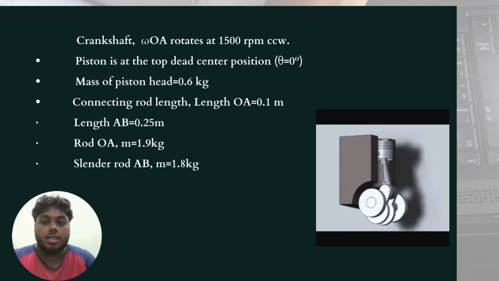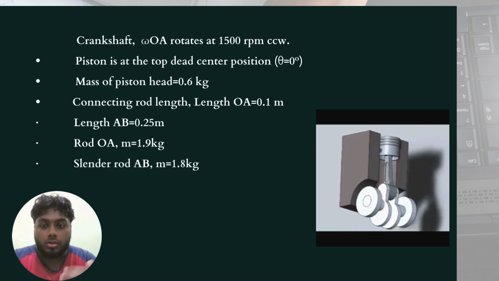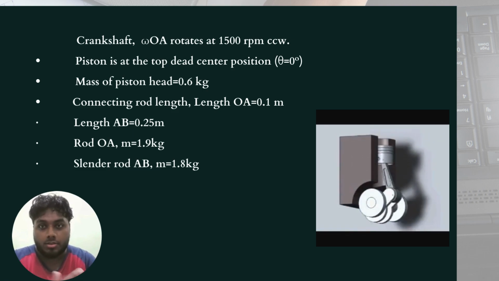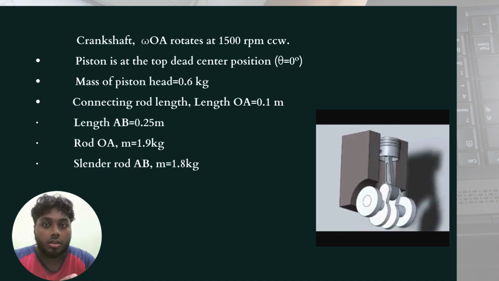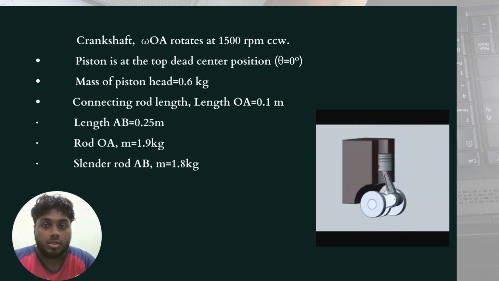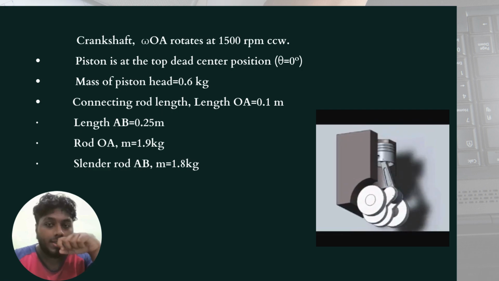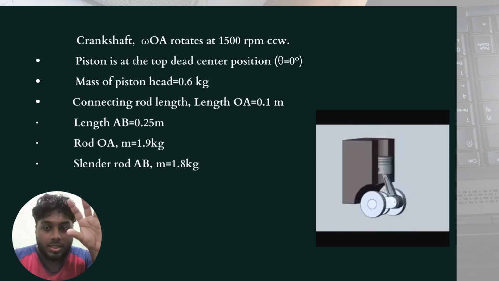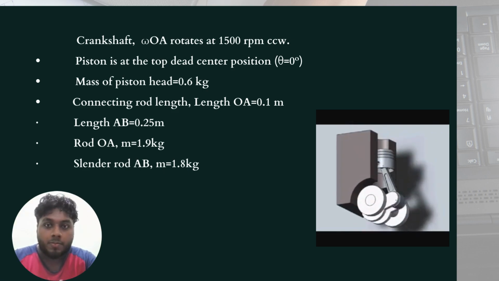From the previous question that we read, we can extract certain information which will be helpful for our calculation. The first is the crankshaft, the angular velocity omega OA, which is the rotation per minute. It rotates at 1500 in counterclockwise direction, and the piston at the top dead center position has an angle of 0 degrees. The mass of piston head is 0.6 kilograms.